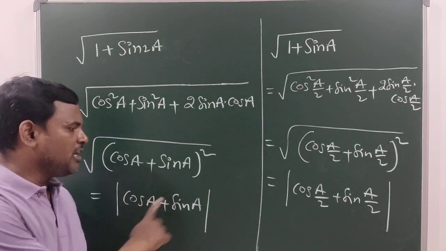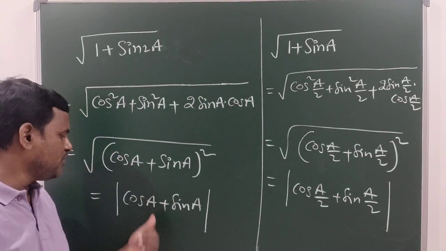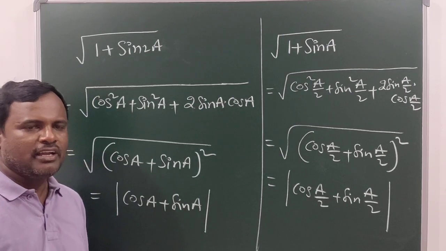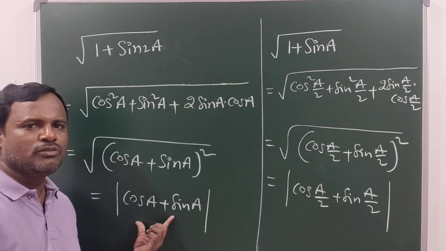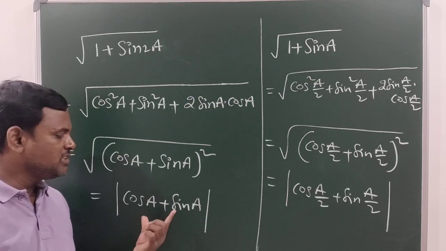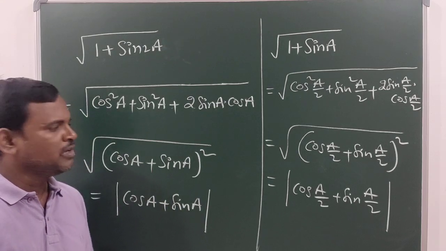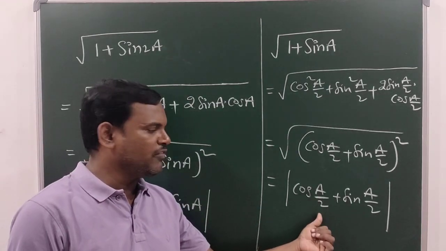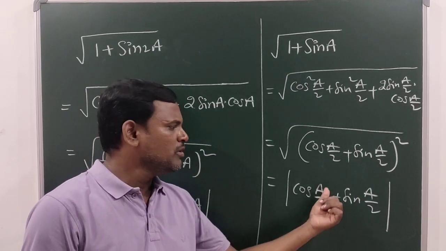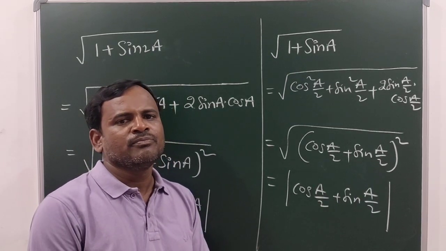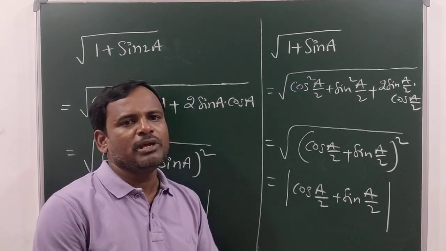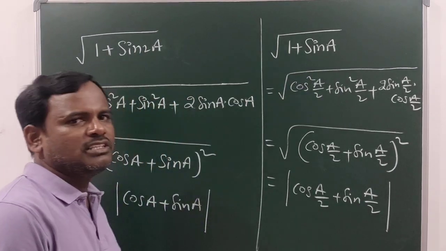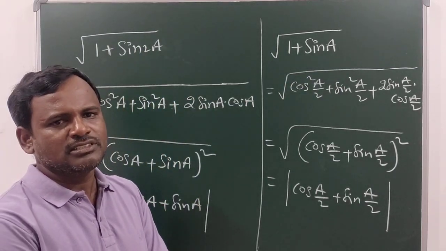Hereafter, for which value of a is this expression going to be positive, and for which value of a is it going to be negative? And here also, for what value of a by 2 is this expression positive, and for what value of a by 2 is it negative? Based on this we get some applications.